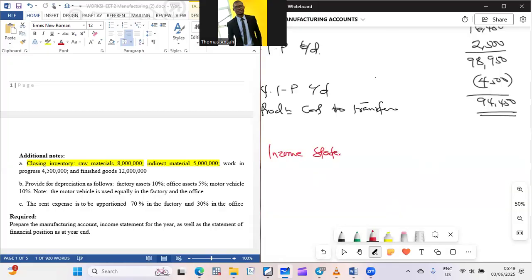Income statement for the year ended 31st December 2021. All right. So you continue.